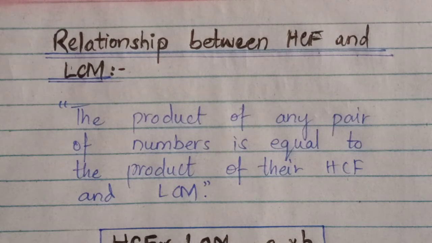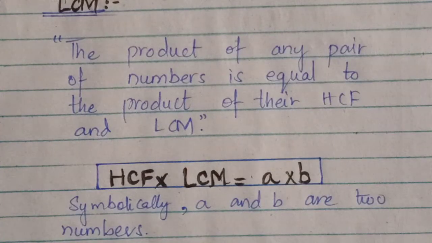Now here we have the equation: the product of HCF and LCM equals the product of any pair of numbers, A and B. So symbolically, A and B are two numbers. Let us start the solution of the relation between HCF and LCM.